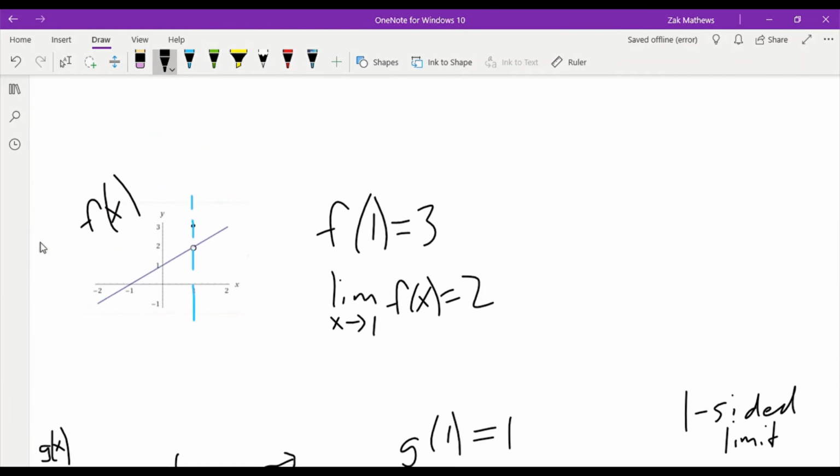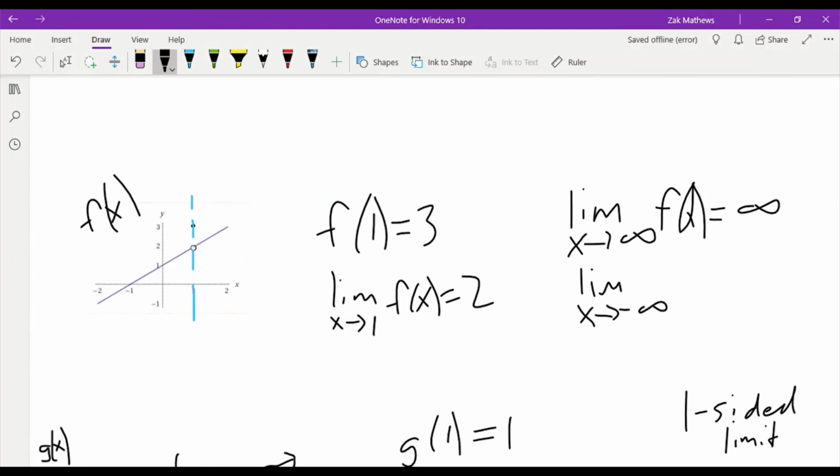So for instance, if we look at this example right here, the one we kind of started with, we could look at that limit as x goes to infinity too. And what we'd see is that it's going to infinity itself. So yet another example where the limit fails to exist, but we've also specified the way it doesn't exist. Both positive and negative infinity don't exist, going to the two different places.